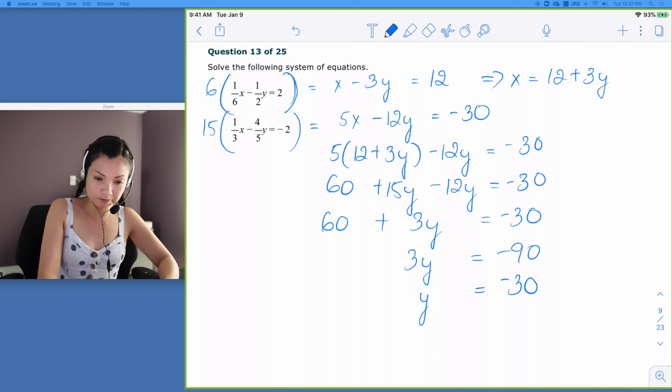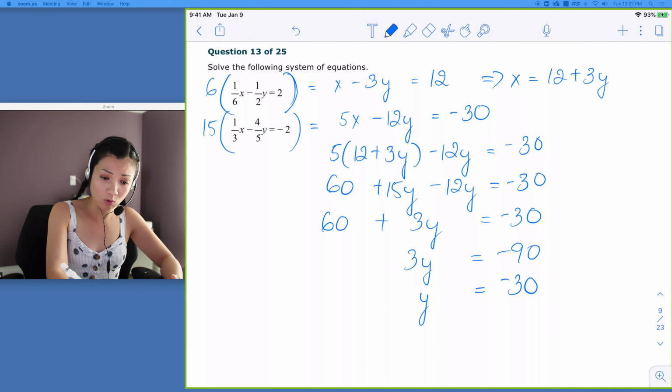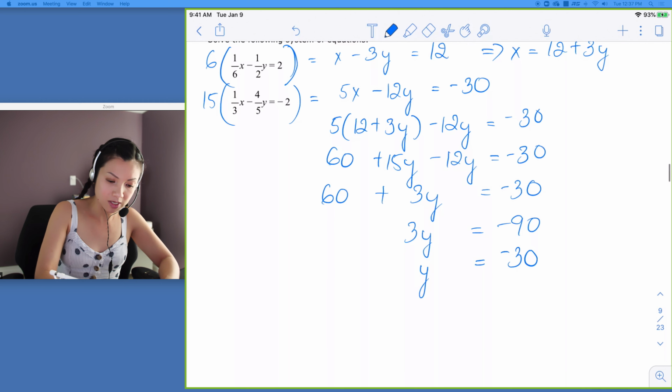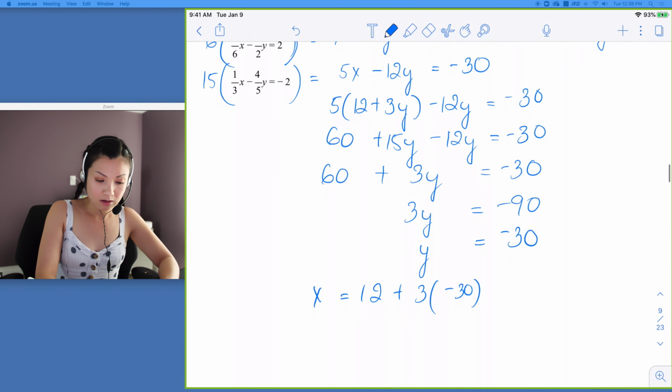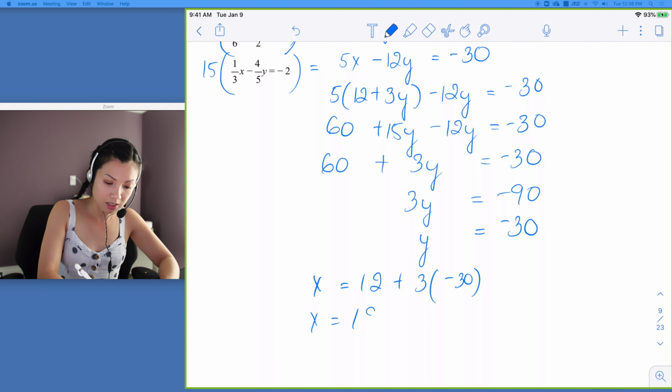Okay. Now, since I have y already, I'm just gonna go back and solve for x using this equation right here. It's gonna be easy for me. 12 plus 3 times negative 30. Okay, so x is going to be 12 plus negative 90.